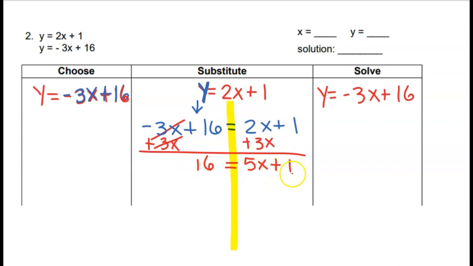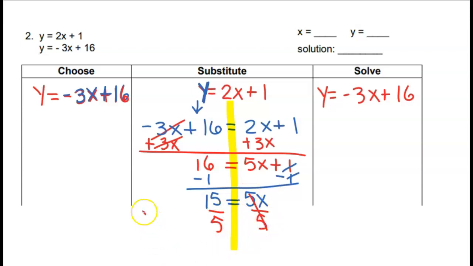Since I have the 1 on this side, I want to move the 1 to the other side so that I can have x by itself. The opposite of plus 1 is subtract 1, so that these will cancel. I am solving for x, so I need to get the x by itself. So that cancels, and x is equal to 3.